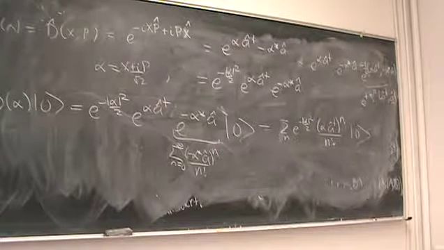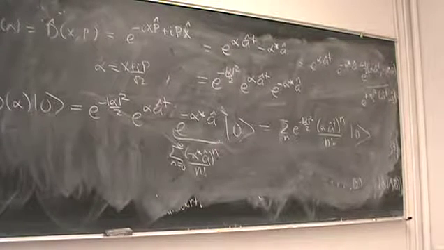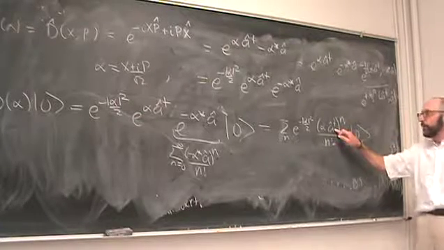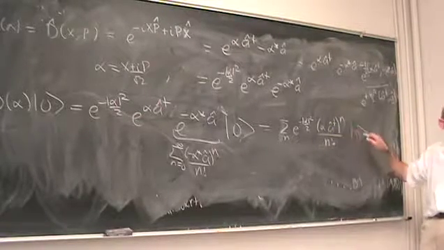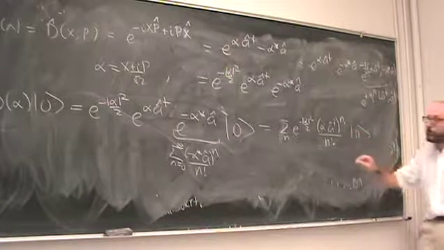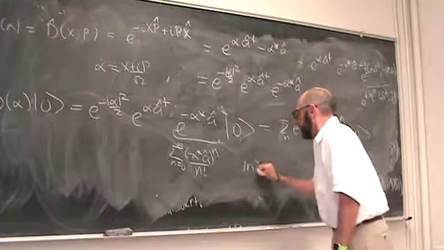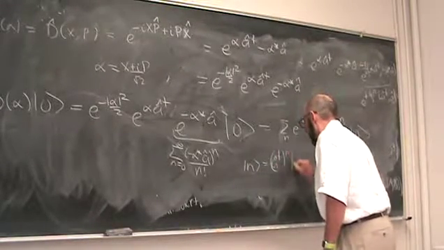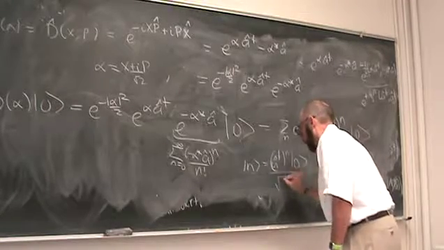What is that? Well, when I operate the creation operator n times on the vacuum, of course you remember that n is equal to A dagger to the n on the vacuum divided by square root of n factorial.